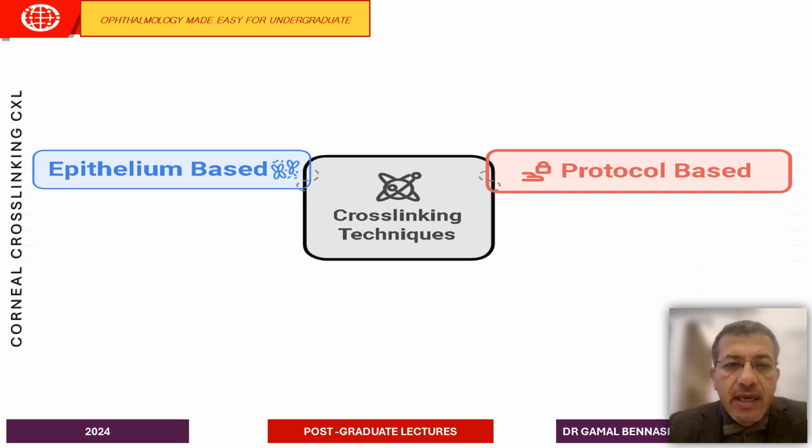Broadly, cross-linking can be subdivided based on the presence or absence of the epithelium, or based on the protocol used, whether it is conventional or accelerated and so on. So this is a broad classification.